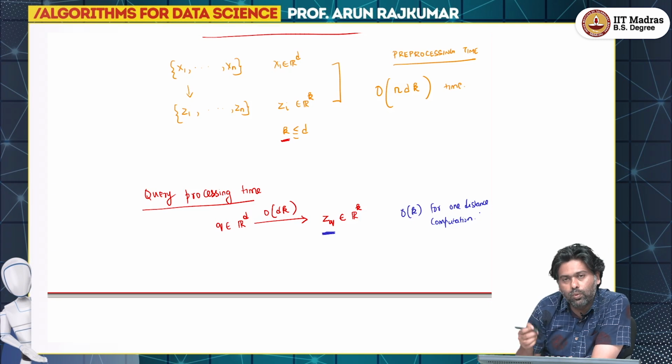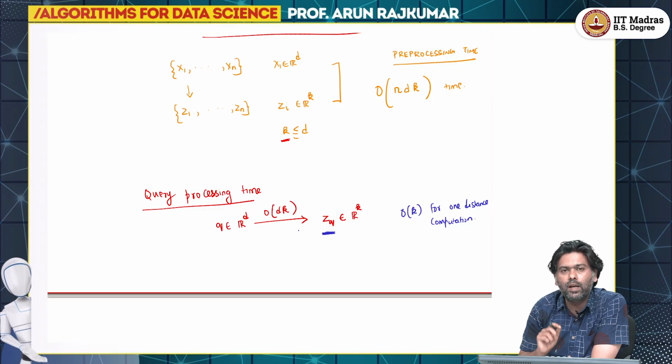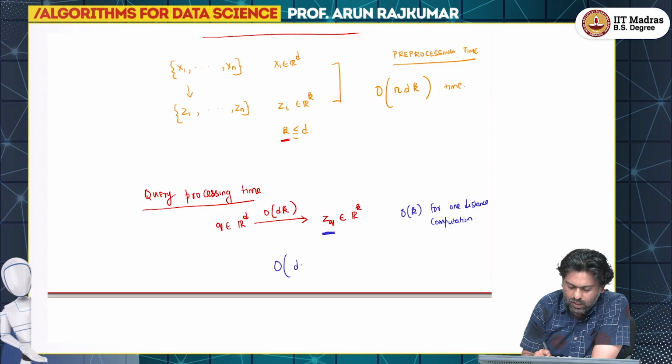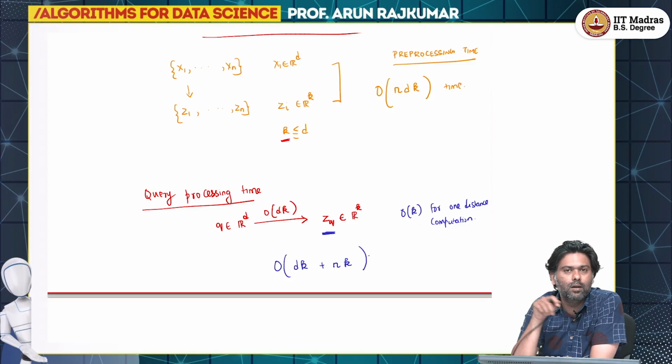We will have to do n such distance computations, which means that the total time to find the nearest neighbor in k dimensions is order of dk, to map from d to k, plus nk to find n distances in the low dimension.